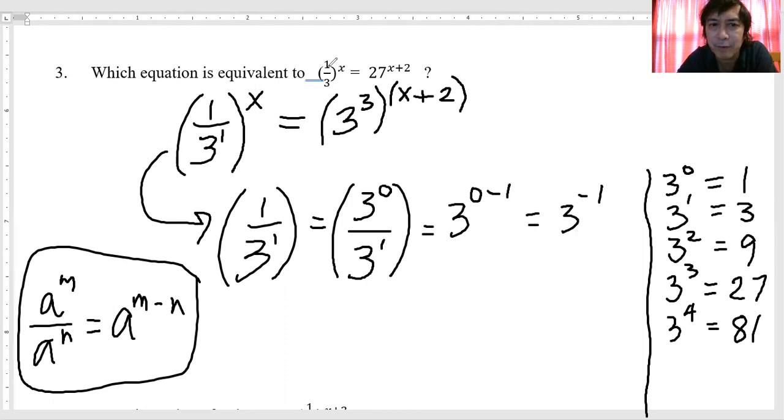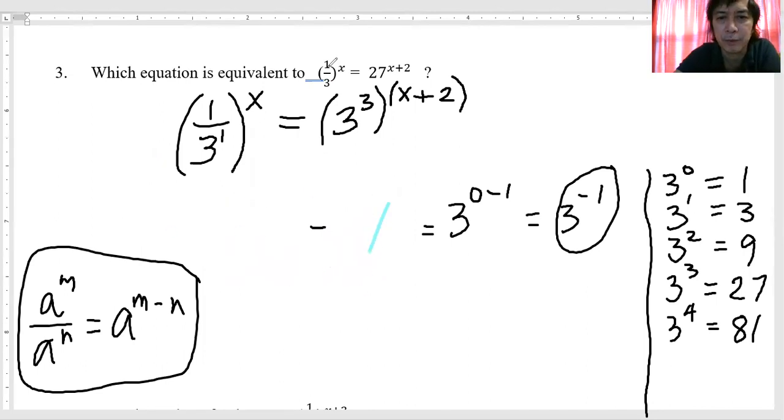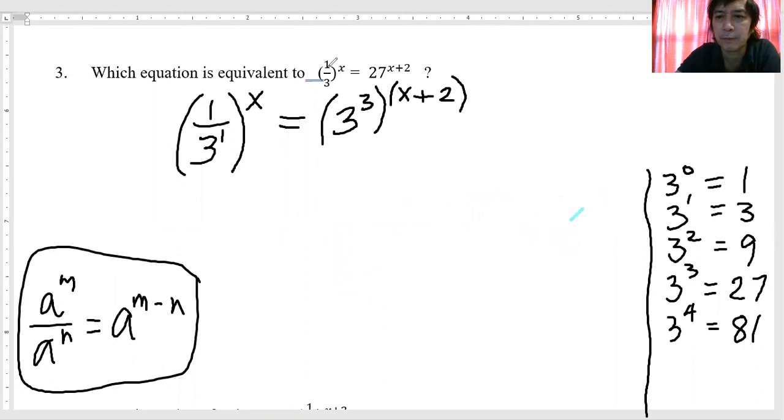So for our next line for the left side, we will use this, 3 to the negative 1, bringing the 3 to the numerator. All right, so let me just remove that part. So this can now be changed to 3 to the negative 1 raised to x.